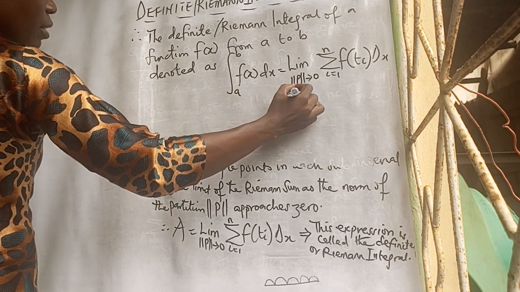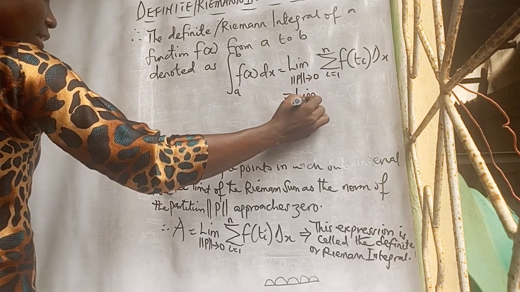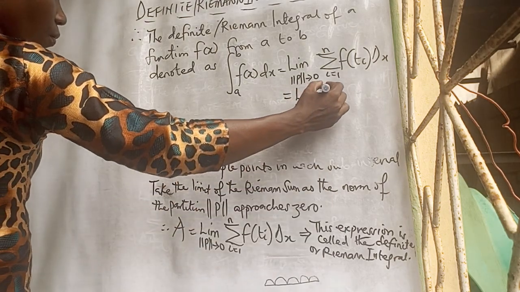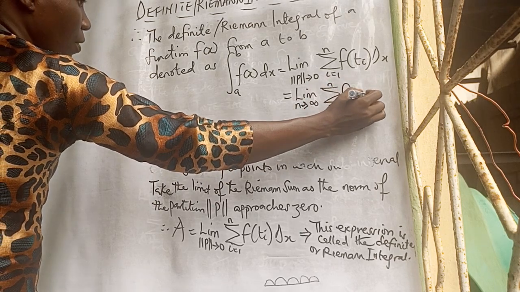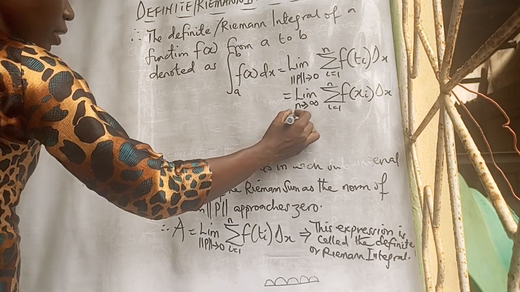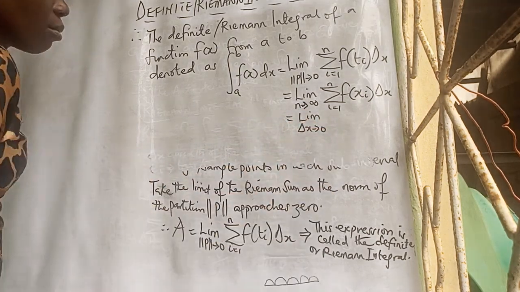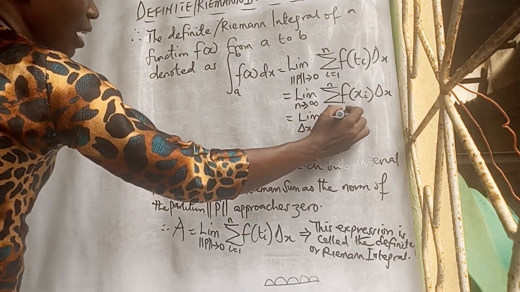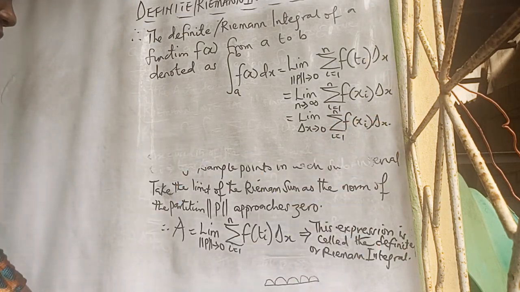That is the same thing as the limit as n tends to infinity of the summation from i equals 1 to n of f of x sub i delta x. It is also the same thing as the limit as delta x tends to 0 of the summation as i moves from 1 to n of f of x sub i delta x.